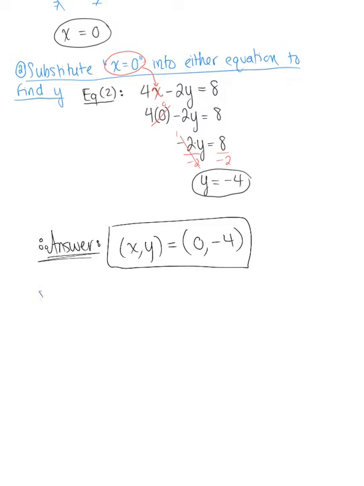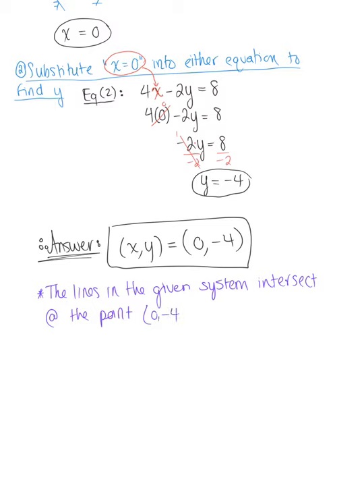This tells us that the two equations in the system, or we can even say the two lines in the system of equations, intersect at the point 0, negative 4, which we just found. So those two lines in the given system, equation 1 and equation 2, are going to intersect at this ordered pair.